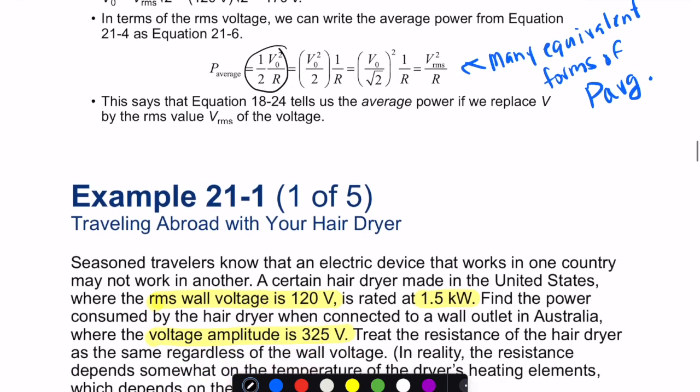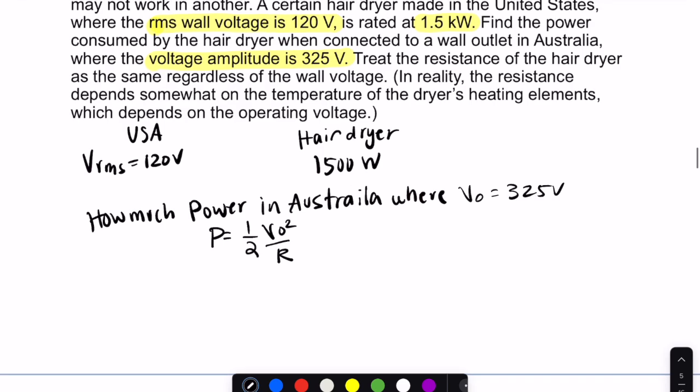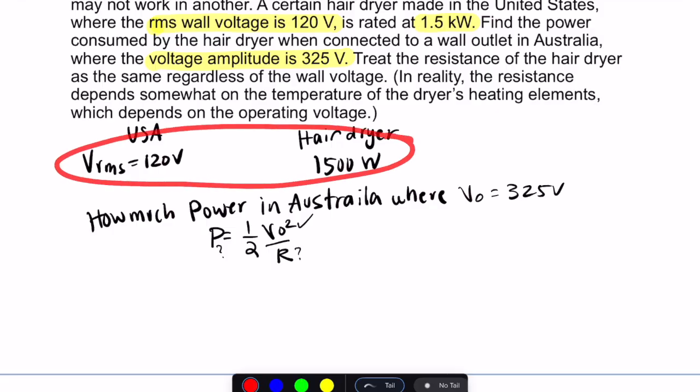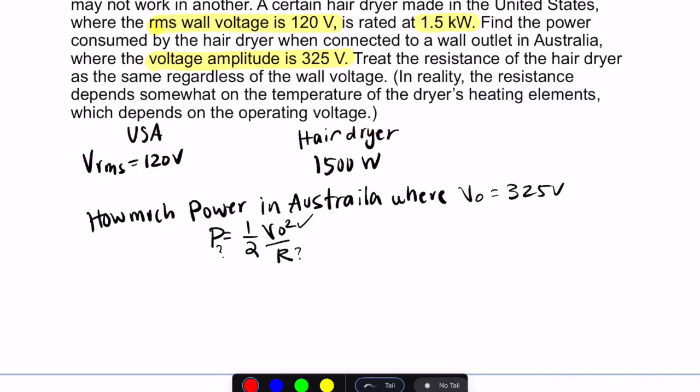But I don't have the resistance, do I? If I don't have the resistance, there's no way I can figure out P. So I might need to use this information up here to find R and then plug that in. Do you see that? So let's go ahead and do that.